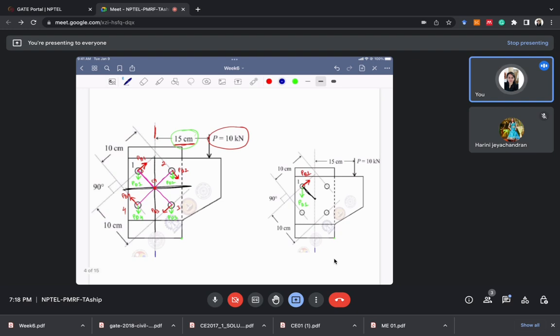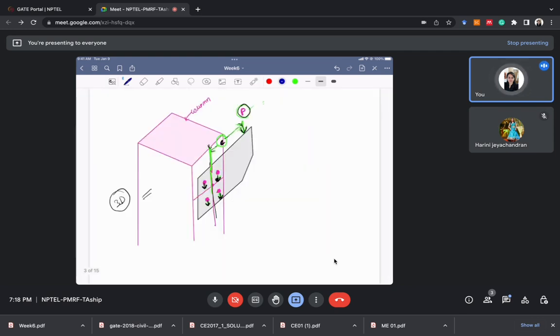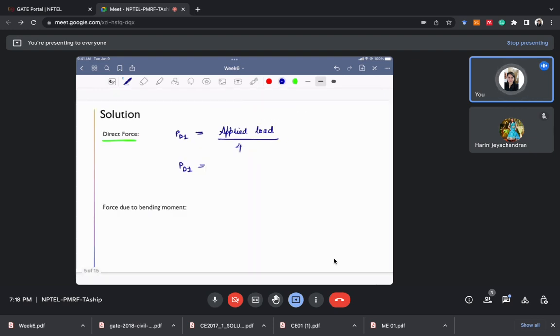In this case, how many bolts are there? 4, right? So PD1 is very simple to calculate. The applied load is 10 kilonewton, so we have 10 kilonewton divided by 4, and we get the value of PD1 as 2.5 kilonewton.